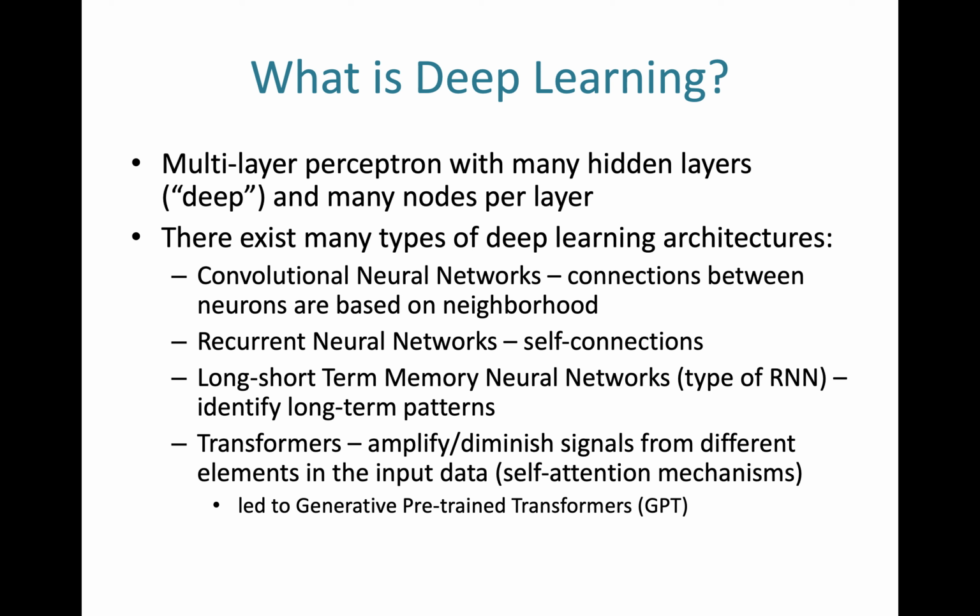But when you hear about deep learning, the fundamental box within a deep learning network is just a neuron, a single neuron, like the ones that we have seen.